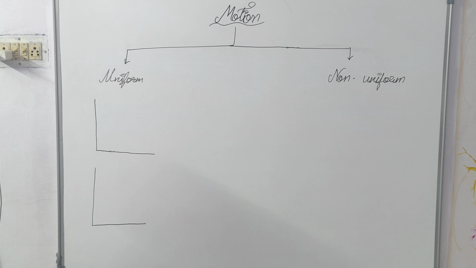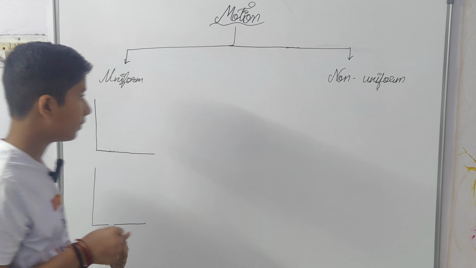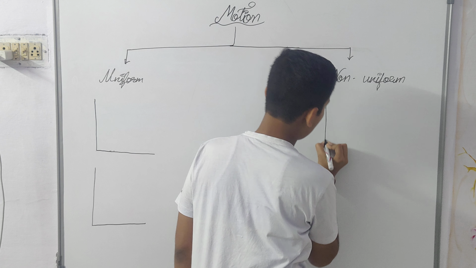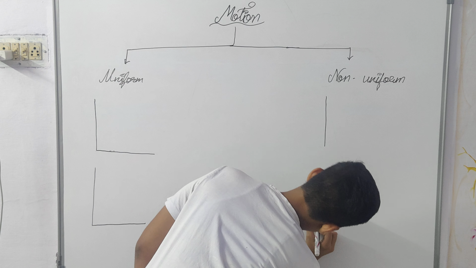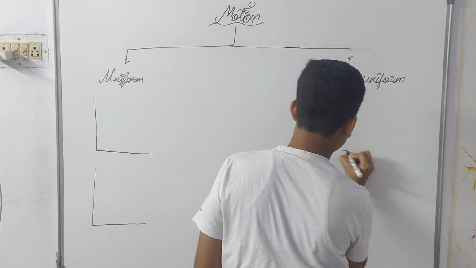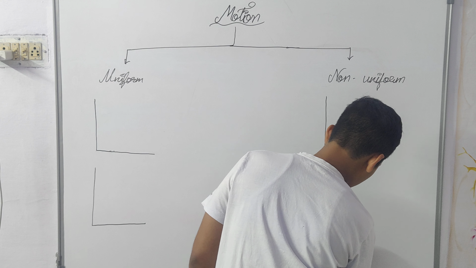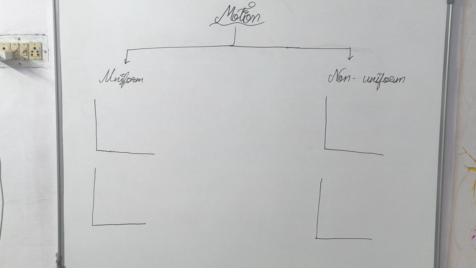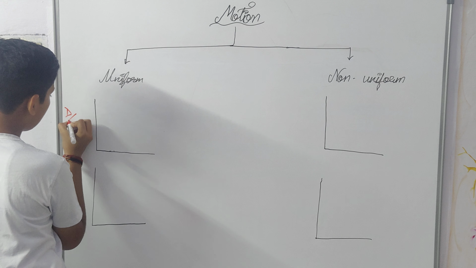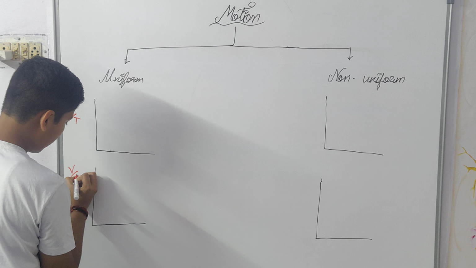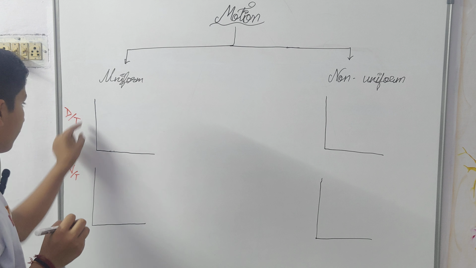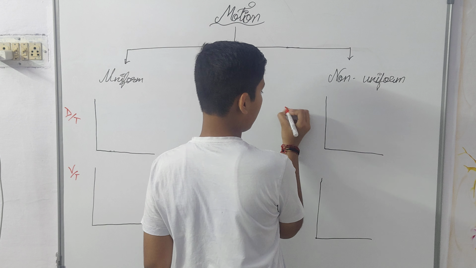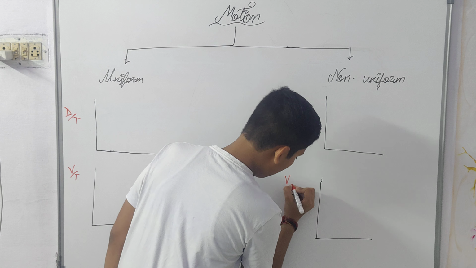Okay, so let's make the graph. Uniform and now non-uniform. Now distance time and velocity time graph, dt and vt. This is velocity, this is time, this is distance, this is time. Again dt and vt graph.